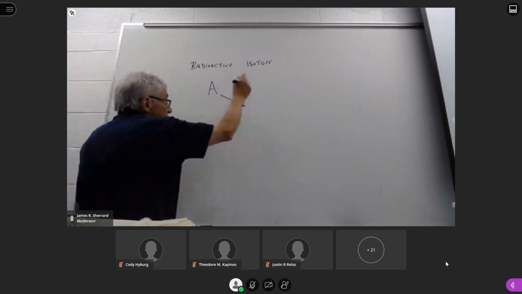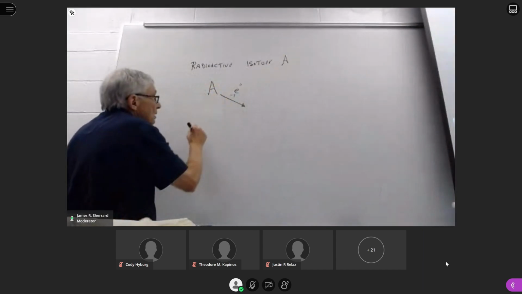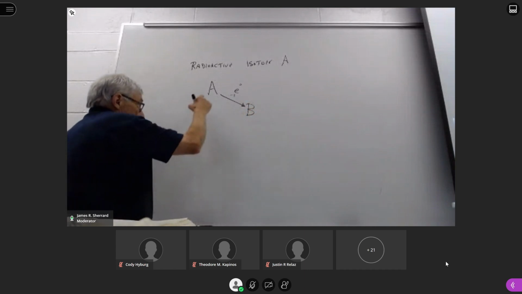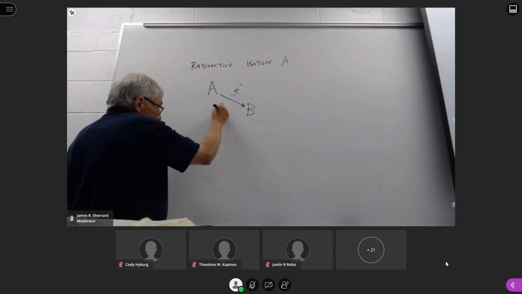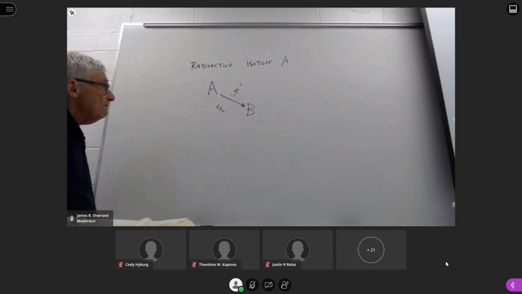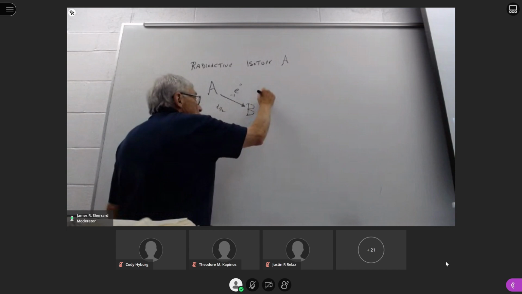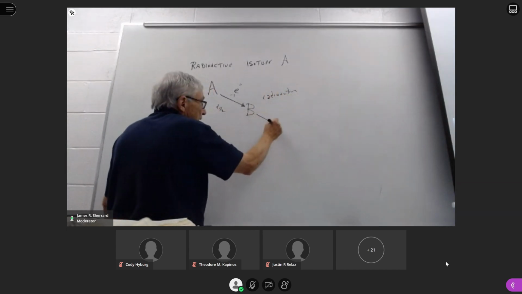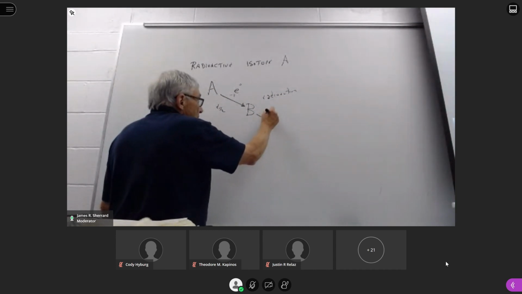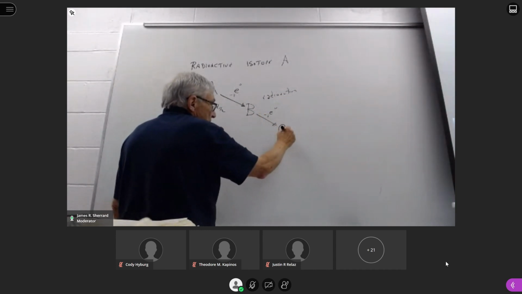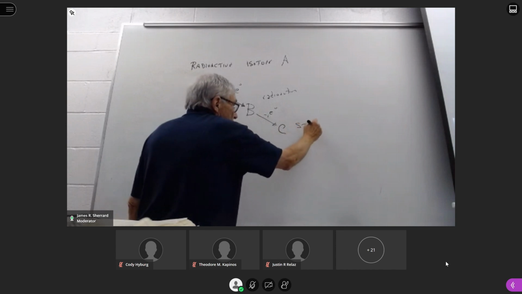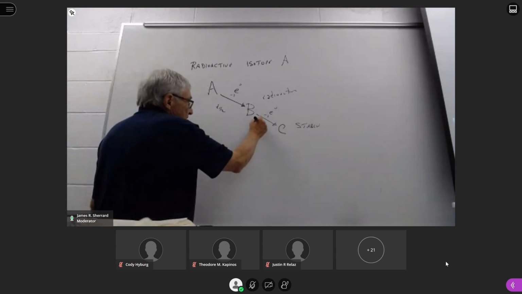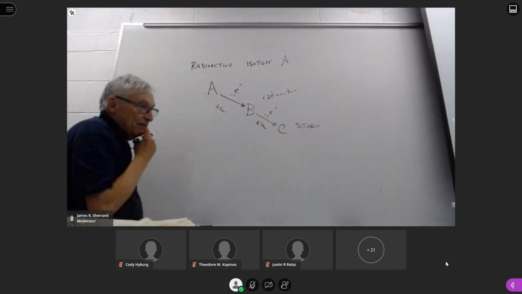So we have a radioisotope A, and when it decays, it produces B. It has a half-life. Let's say B is also radioactive, and it decays, let's say also by electron emission, to C, where C is a stable isotope. Let's say this has its own unique half-life.